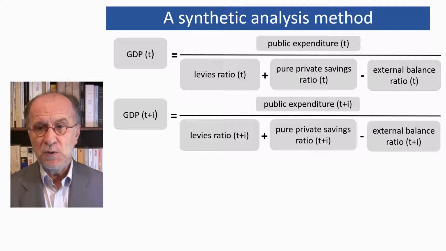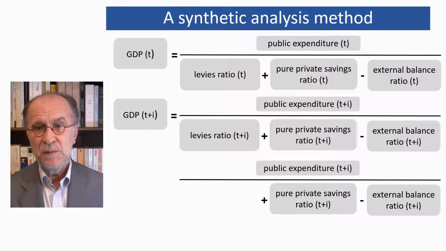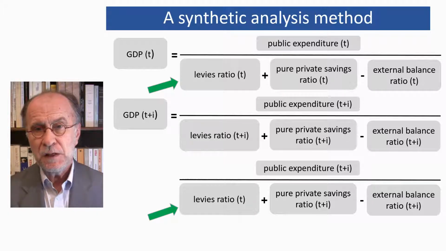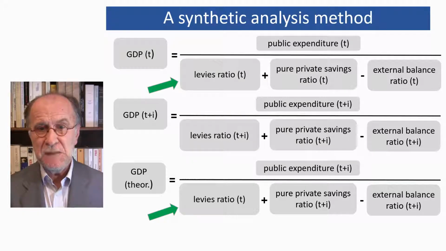Let's now suppose that all the terms have their T plus I values except for one, the public levies ratio, which remains at the same value it had in year T. From this, we can obtain a theoretical GDP.